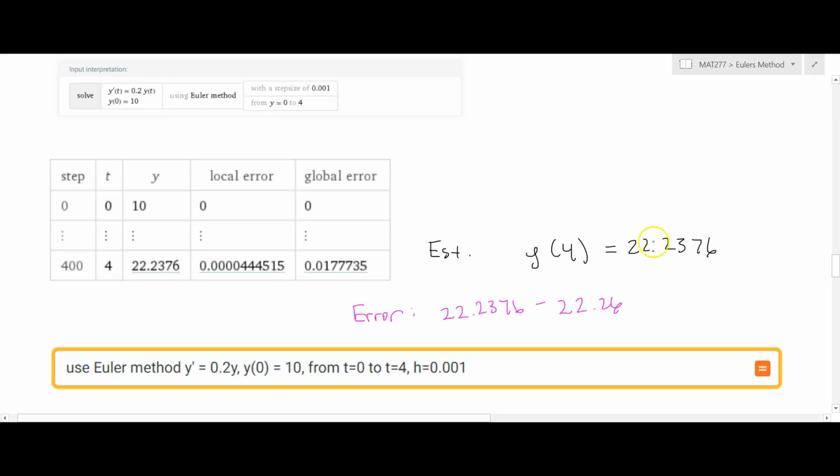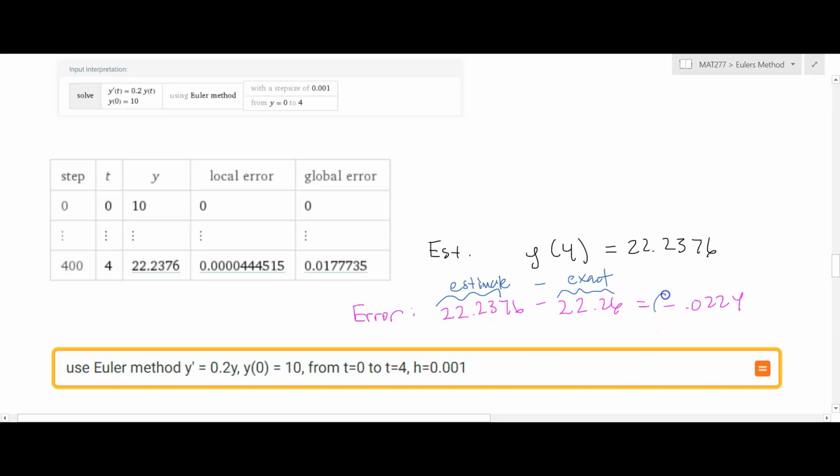And the difference between those two values is negative 0.0224. Now I do want to do this subtraction as the estimate minus the exact. And the reason I want to do it in this order is because I can see whether my estimate is above or below.